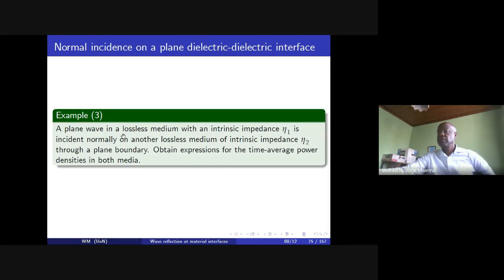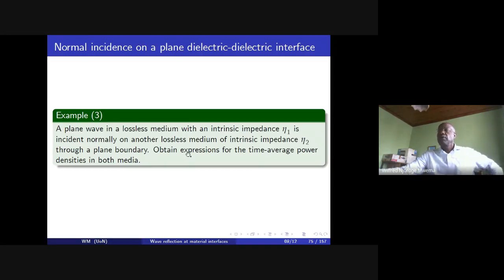So these are things you have to note down: once you read your question and it says lossless, you immediately write sigma 1 is equal to 0 and sigma 2 is equal to 0. And this statement, lossless medium, tells you that eta 1 and eta 2 are not complex numbers, they are real quantities.